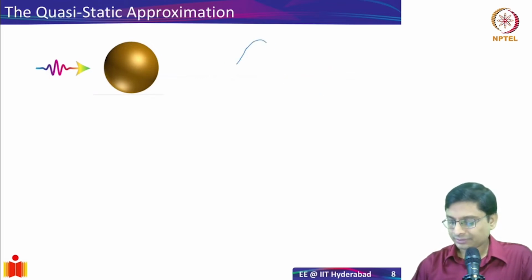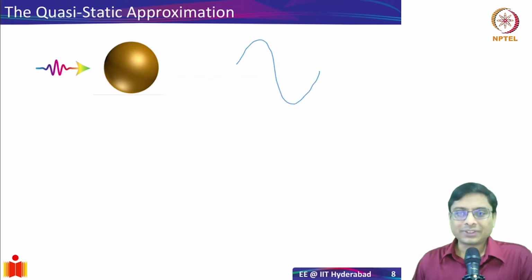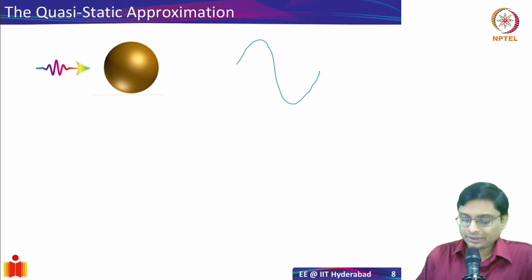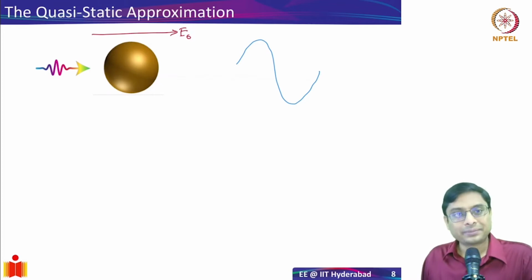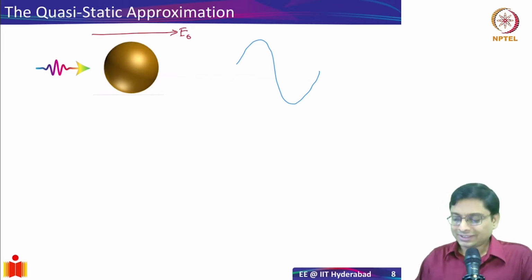I have a sine wave like this. What I'm essentially assuming is the electric field over the nanoparticle is going to be constant. Okay. So I'll represent my electric field in this direction. I'll call it E naught. How can this happen? Electric field all over a nanoparticle is constant. Well, this is the wavelength, right? If I have a wave like this, the distance is going to be wavelength lambda, and suppose my particle is very, very small compared to this.